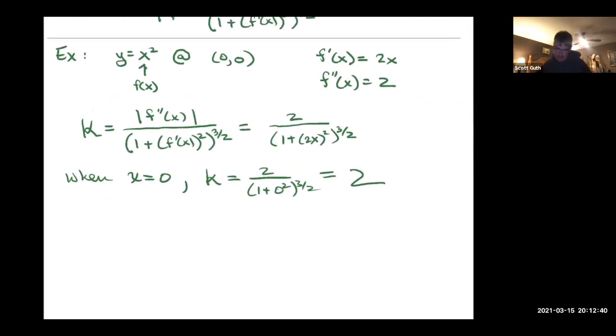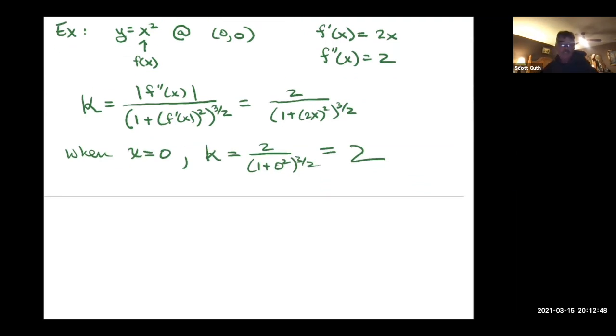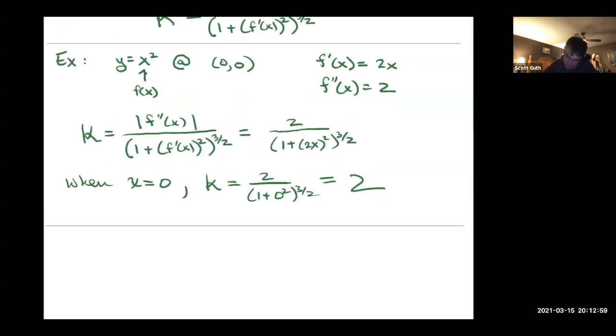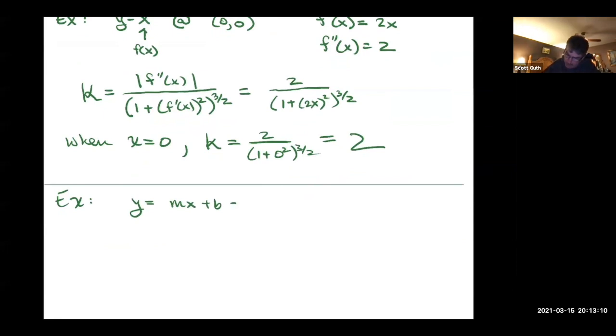What's the curvature of a straight line? Well, it should be 0 because on a straight line, the unit tangent vector never changes direction. And remember, kappa measures how fast the tangent vector changes direction. So if we had y equals mx plus b, then we can call that f of x. Then y double prime or f double prime of x will be 0.